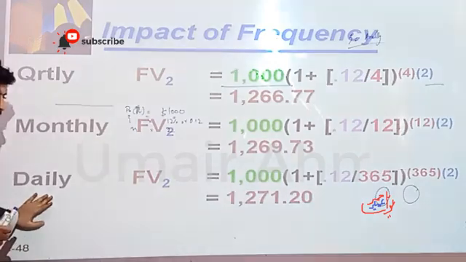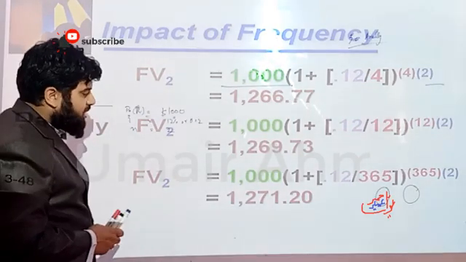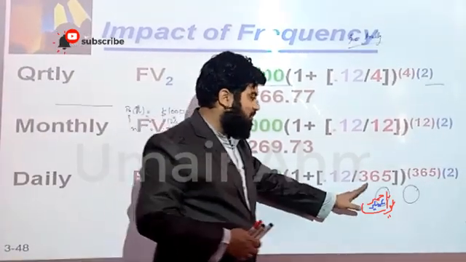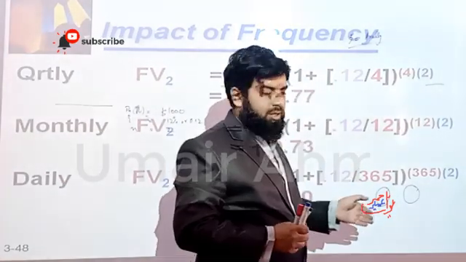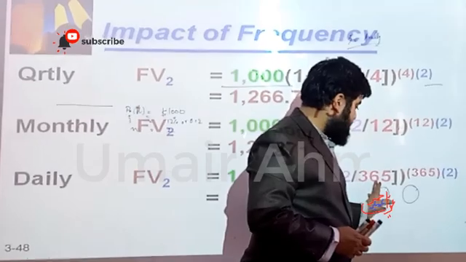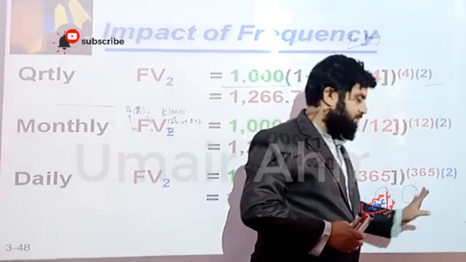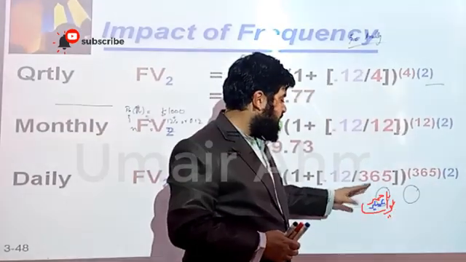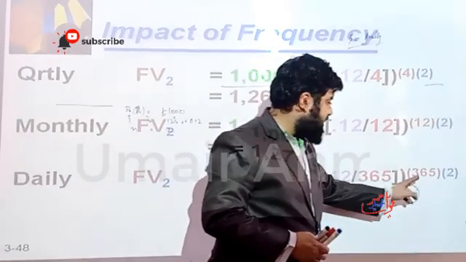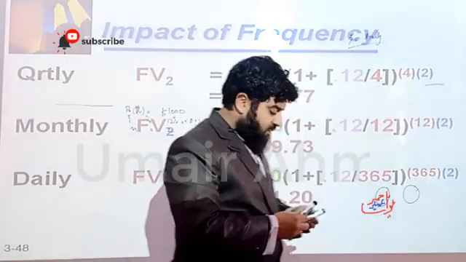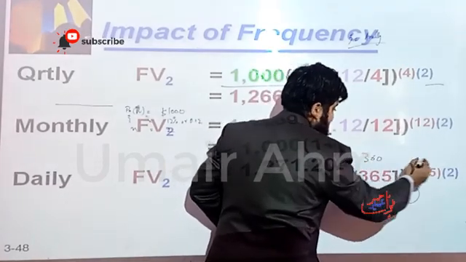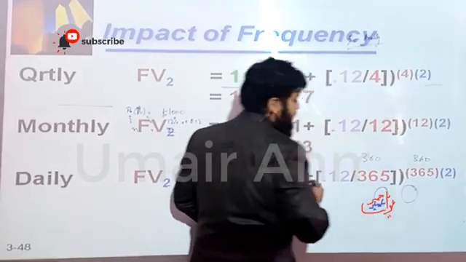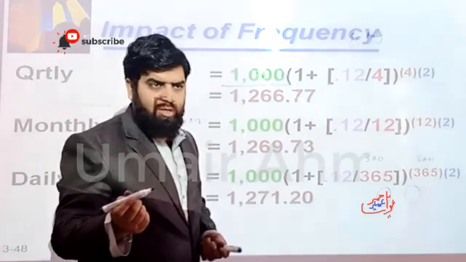And if we have to find the daily value, we divide by 365, because we have 365 days in a year, and also multiply the power by 365. Sometimes in finance we consider 360 days. What is the logic behind 360 days?